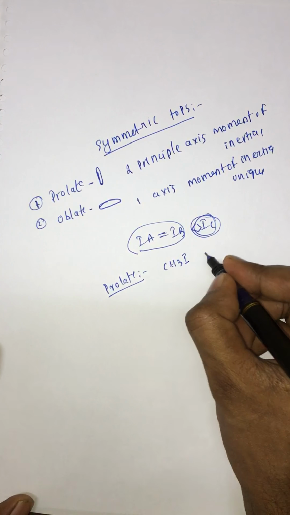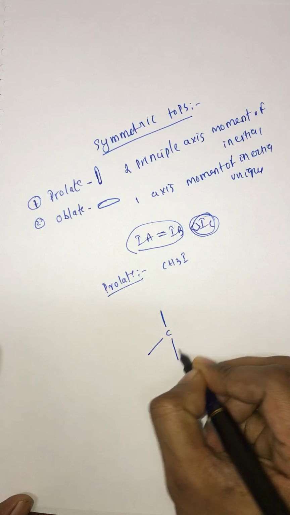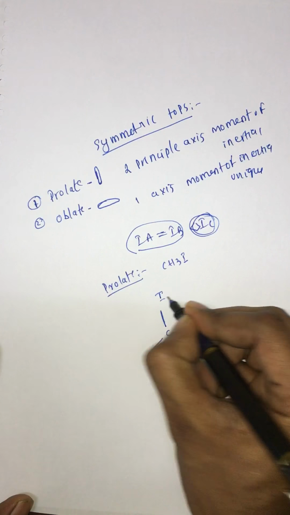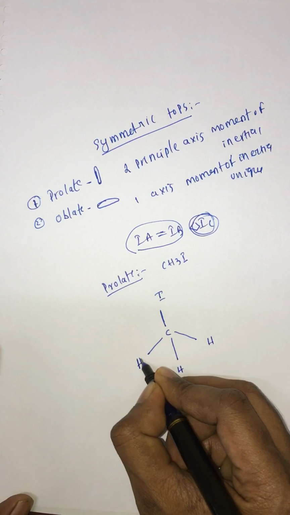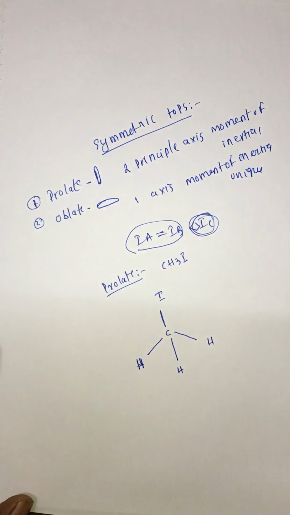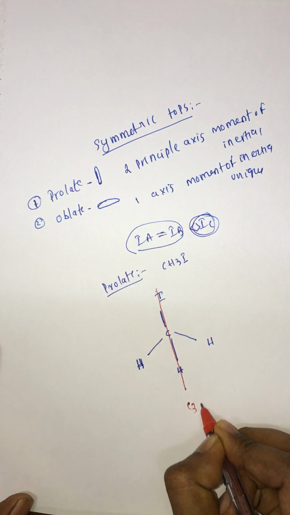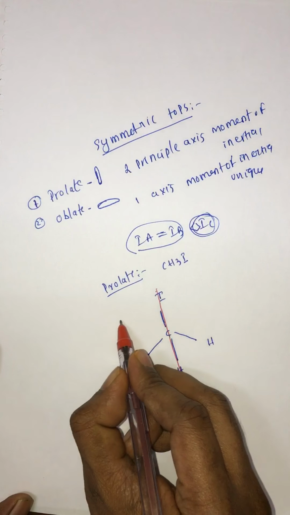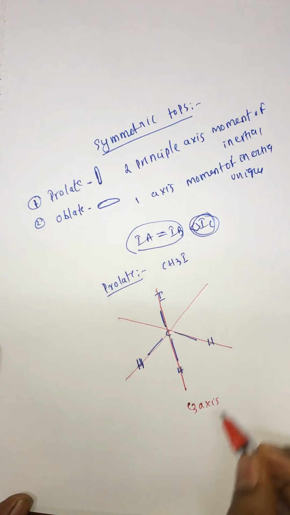This is the shape of methyl iodide, and here we have a principal axis, that is the C3 axis, and here we have two more axes.